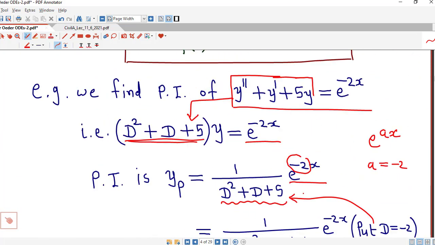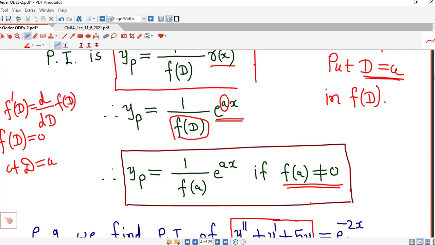If the right hand side is e raised to ax, yp equal to 1 over f of a e raised to ax if f of a is non-zero. That is, we put D equal to a in f of D, and if it is non-zero, then we keep it as it is.